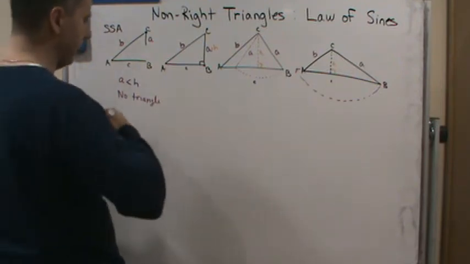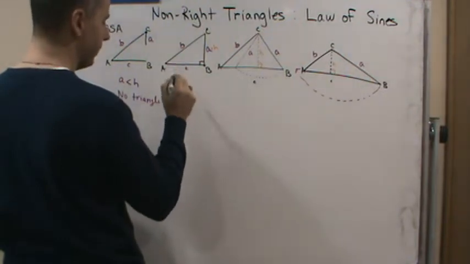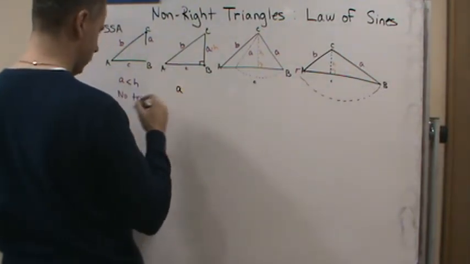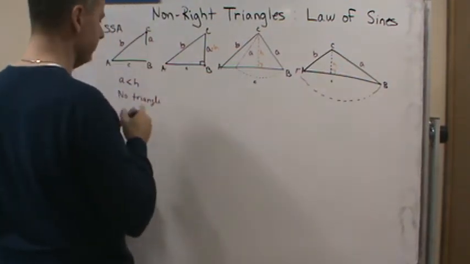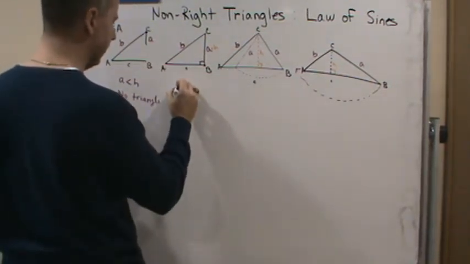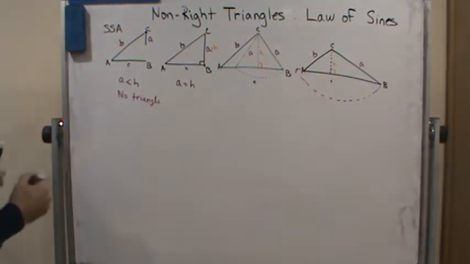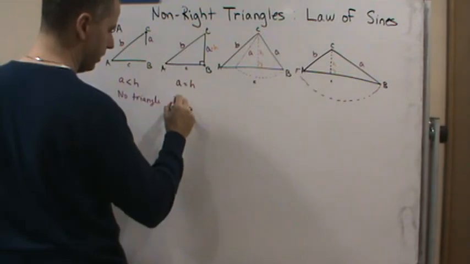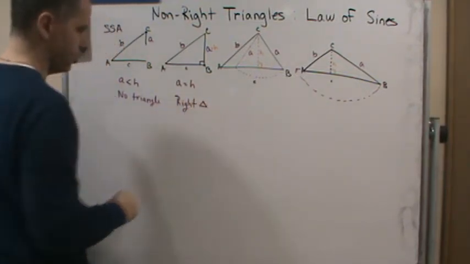So if A is equal to h, then we have a right triangle.